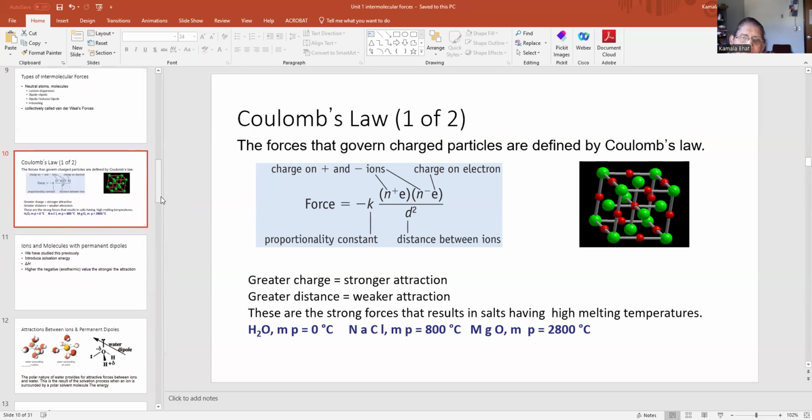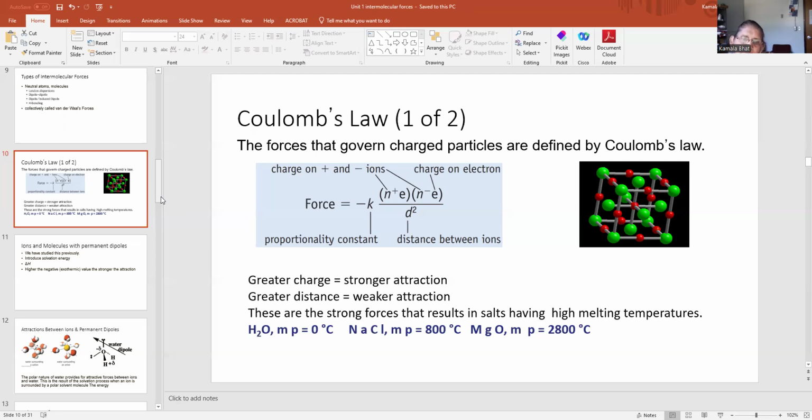Among the forces that we study, another force is the ionic bond force, which is very strong, and it is governed by Coulomb's law. It is the attraction between the charges on the positive and negative ions. N plus is the charge on the positive ion, and E minus is the charge on the electron.